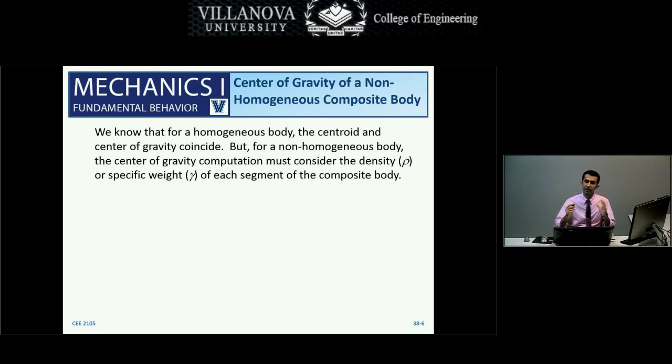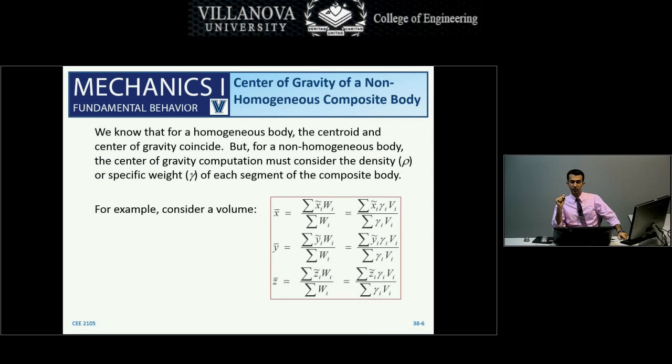However, for center of gravity, there is something a little bit different. For non-homogeneous composite bodies, this is the first time that density, or specific weight for that matter, will come into play. The equations are going to depend on the specific weight of each section that you have taken for the composite body. That's why we have gamma here.